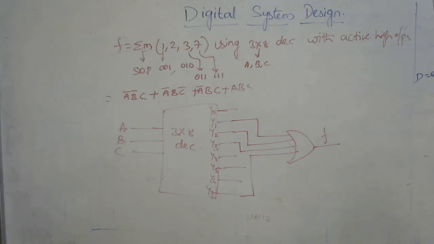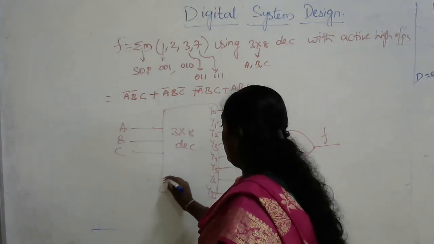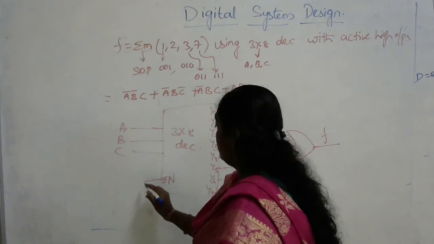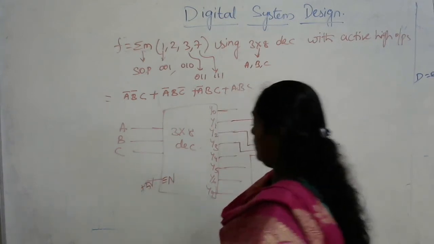Now, if the same question is to be represented in the POS implementation, another thing is that the decoder will have an enable pin which is connected towards plus 5 volts because of active high.